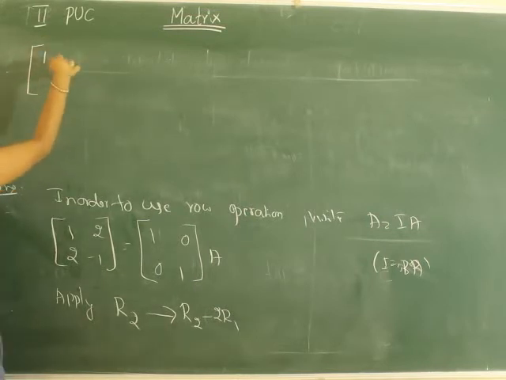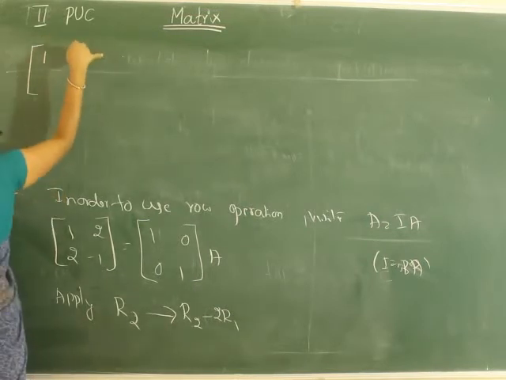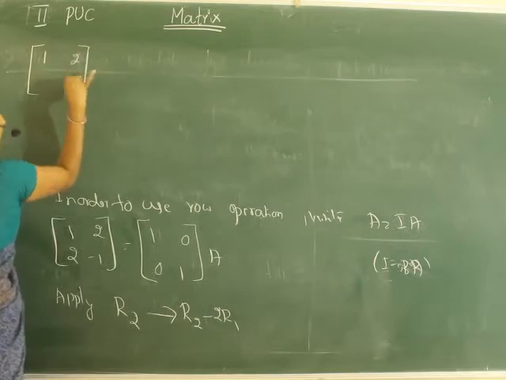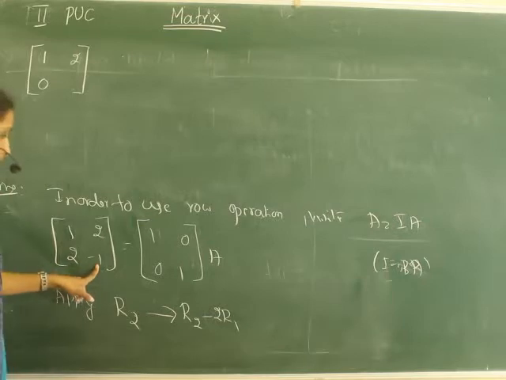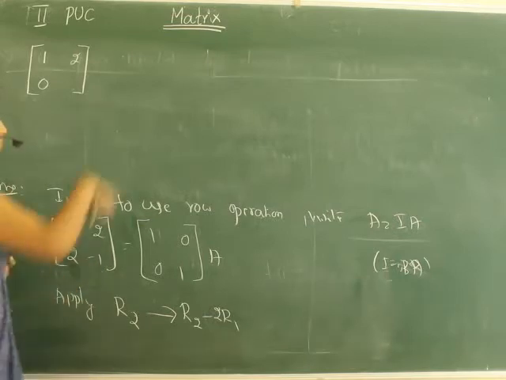In the first step we are changing only the second row, so the first row stays as it is, and here R2 is 2 minus 2 into R1. So it will be 0, and the next is minus 1.